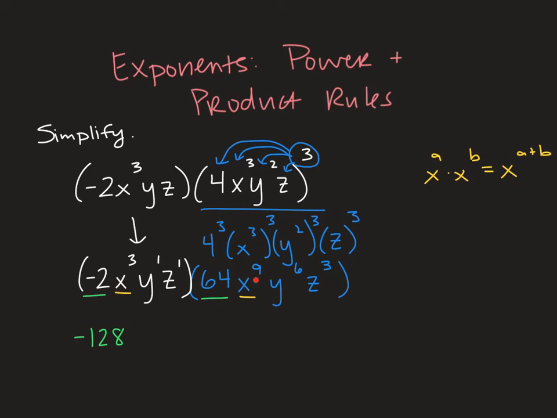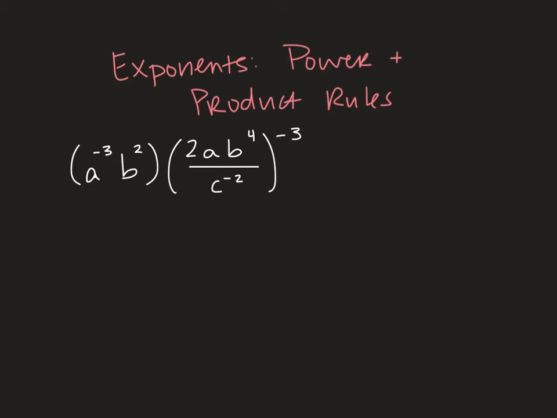This is a same base multiplied, and we add those exponents. So this is going to be x to the 12th. Then we'll do the same thing with our y's. Our y's will end up being raised to the 7th. And then we'll do the same thing with the z's. And the z's will get raised to the 4th. And so that is our simplified final expression.